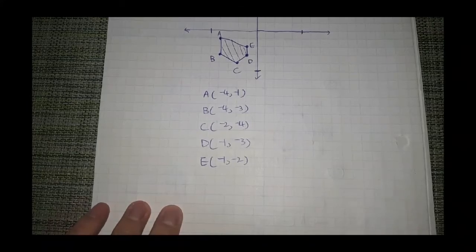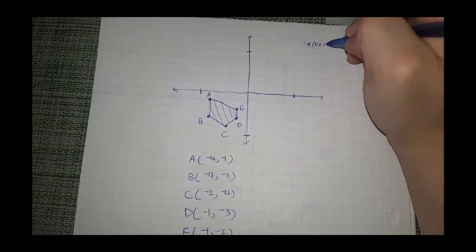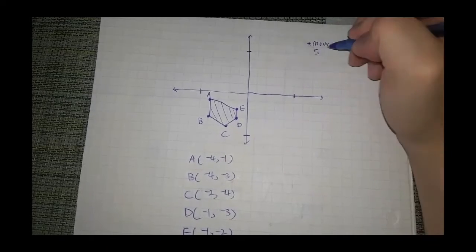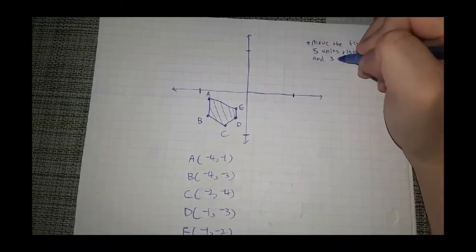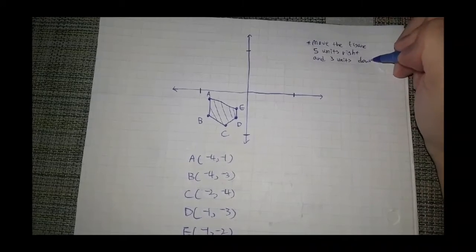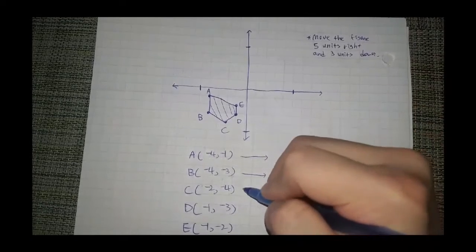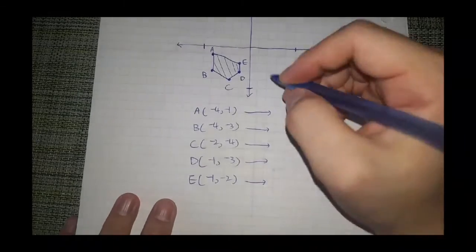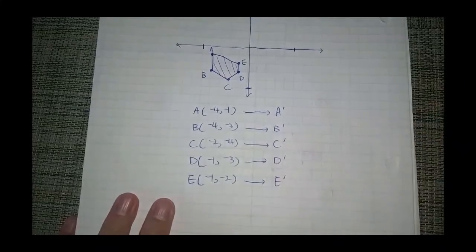Let's say we are translating these points with the condition to move the figure 5 units right and 3 units down. In that case, let's use what we learned today, applying the calculation first and then moving to A prime, B prime, C prime, D prime, E prime.